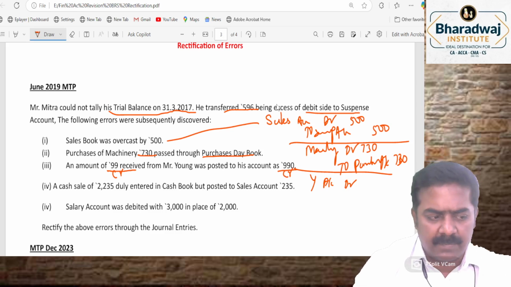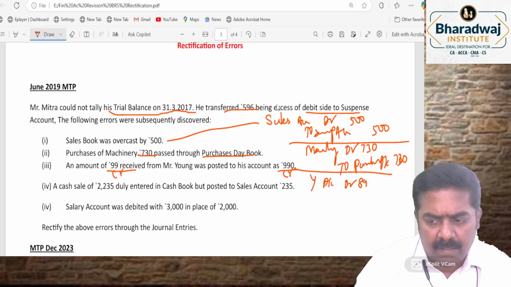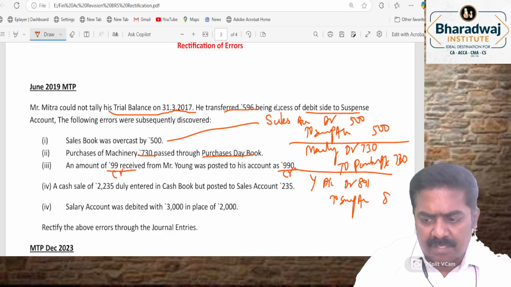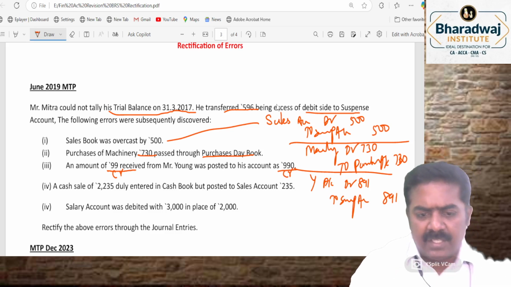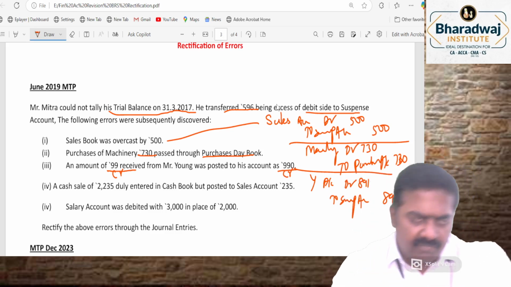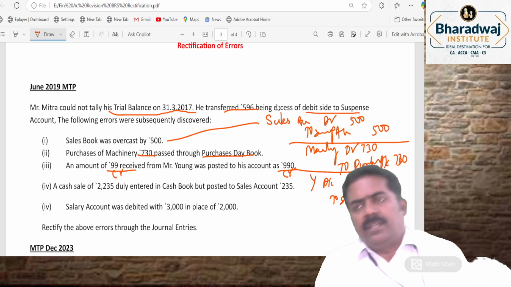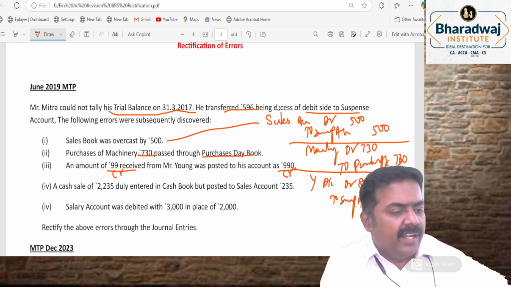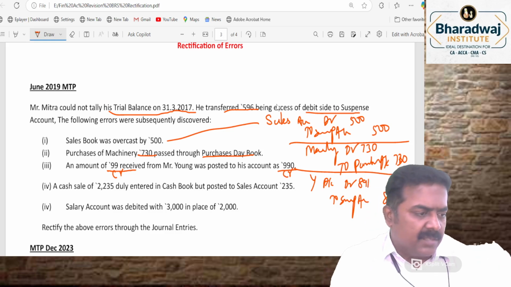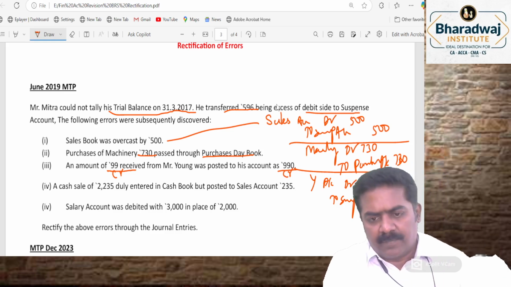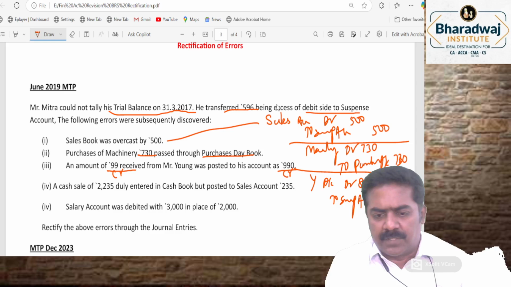How much will you debit? 891, to suspense. Because there is no mistake in cash. Mistake is only in Young account. I repeat, you should have credited 99 only, but we credited 990. Excess is removed. Debit Young account to suspense account.